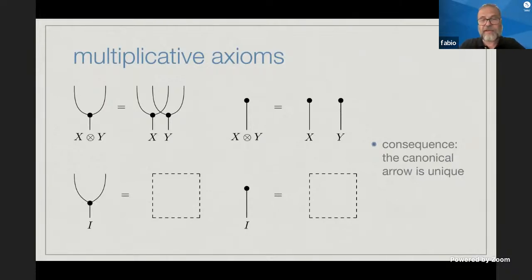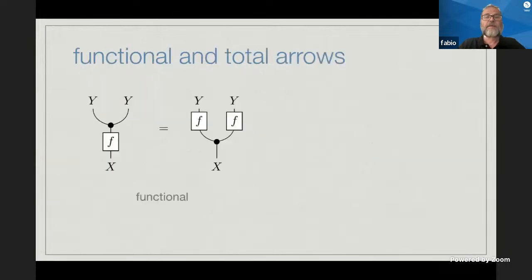So, very well. Now we can give some additional terminology in terms of the interaction of an arrow with share and deletion. An arrow f is functional if, whenever I apply the arrow and then do the sharing, it is like having two copies of it.